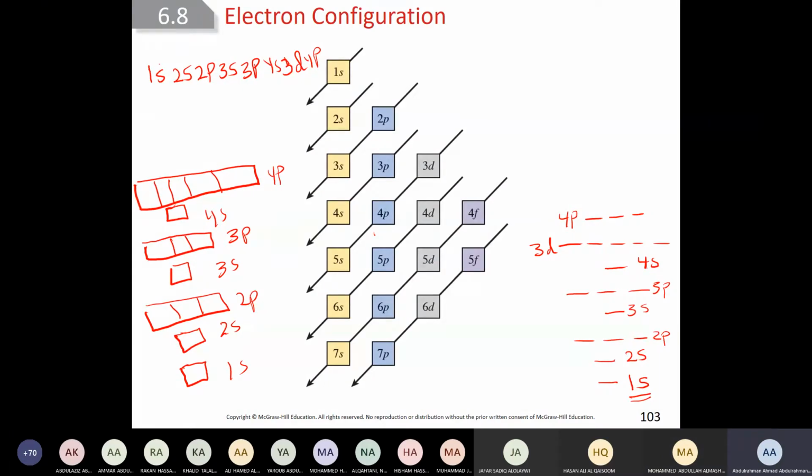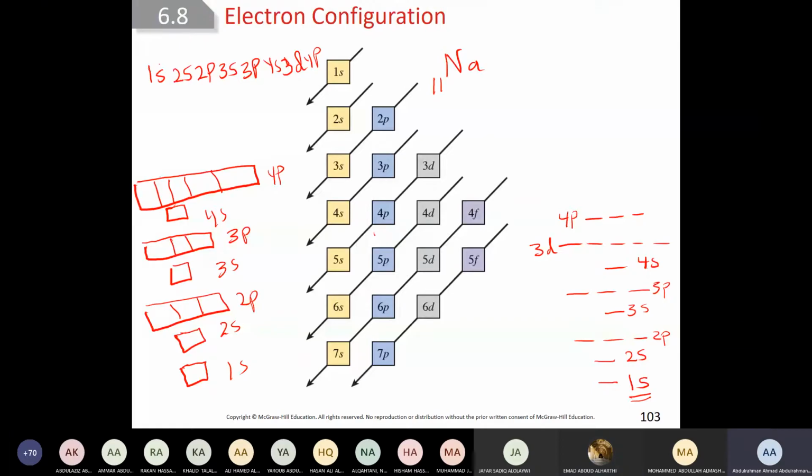Now, after that, I want you also to know if I give you any element, like for example, sodium, then go and look at your periodic table. What's the atomic number of sodium? 11. So what will be the structure of sodium?